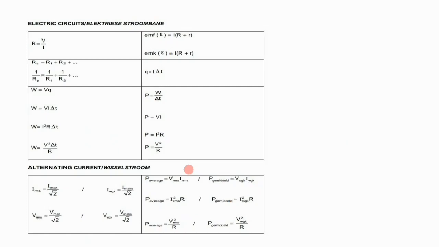So now let's consult our formula sheet. Given that the VRMS is 220 volts and the average power is 200 watts, we are looking for resistance. What formula can we use? You can see that this one is a perfect formula. We have the power, we have the voltage, and we can use it to calculate the resistance.